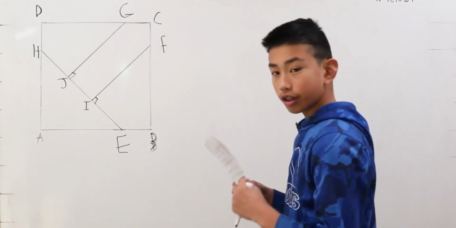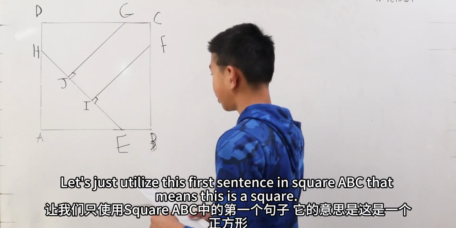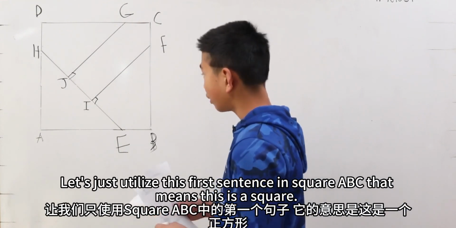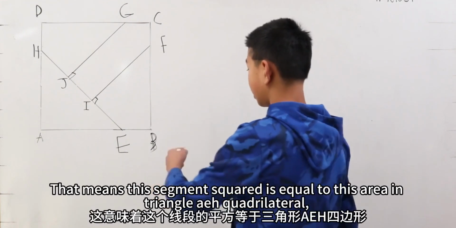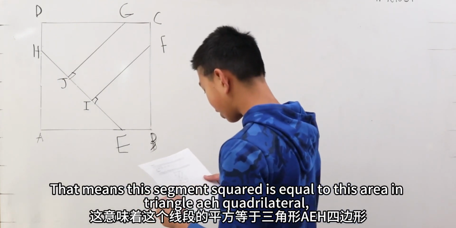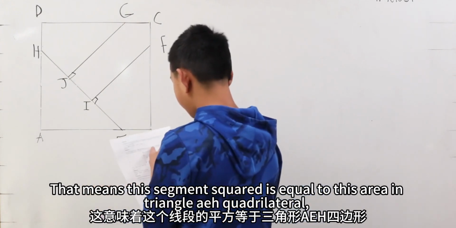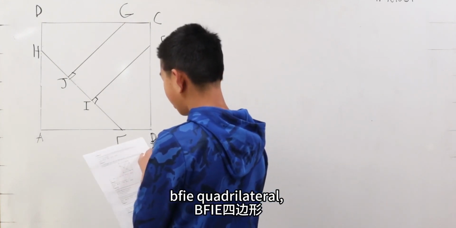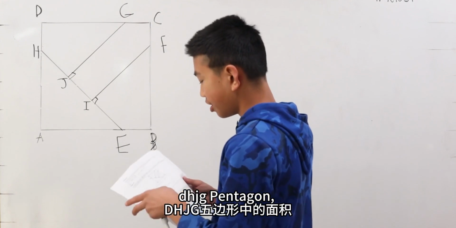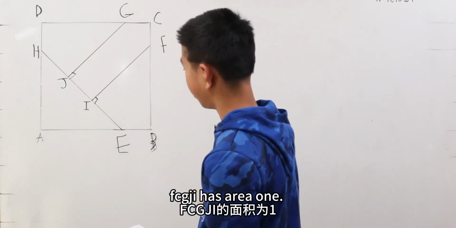Well, let's just utilize this first sentence. In square ABCD, that means this is a square. That means this segment squared is equal to this area. And triangle AEH, quadrilateral BFIE, quadrilateral DHJG, and pentagon FCGJI each has area 1.